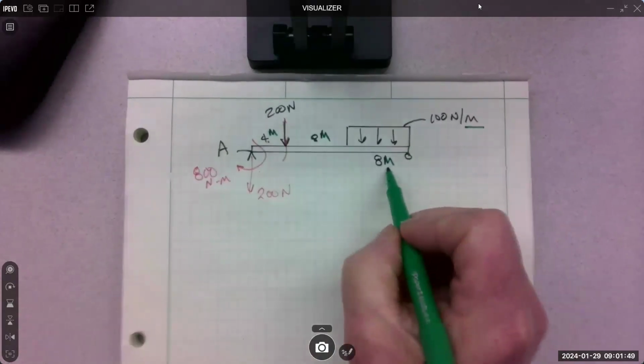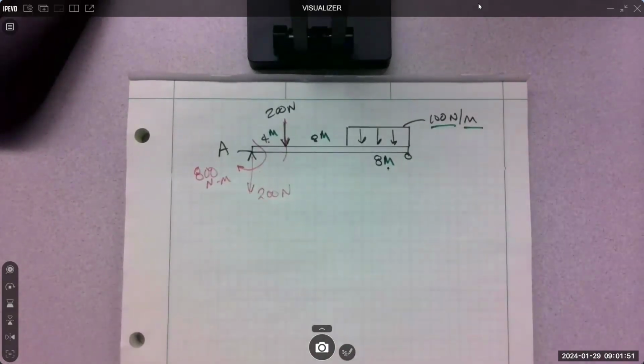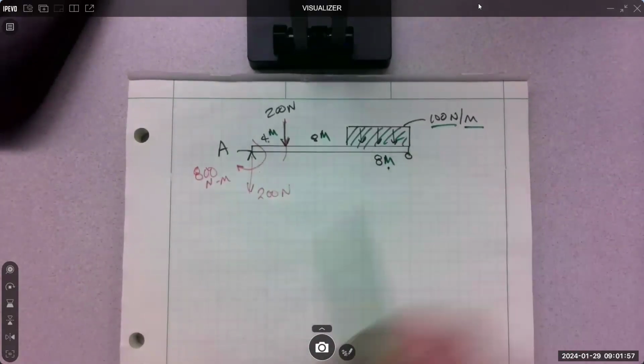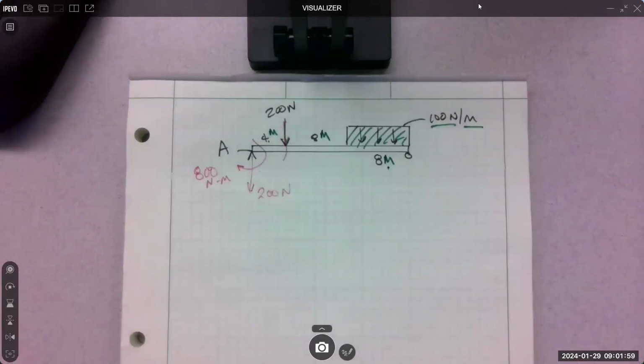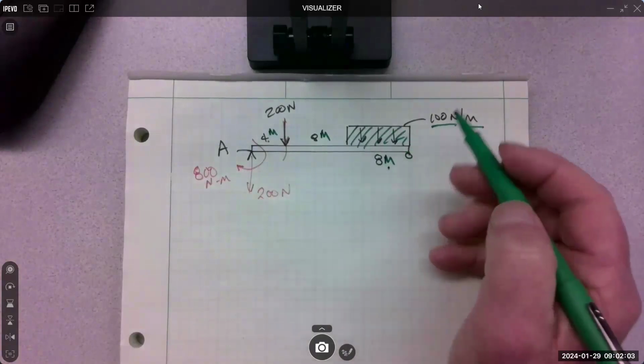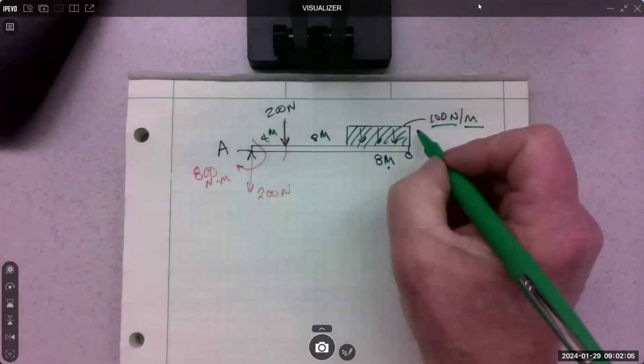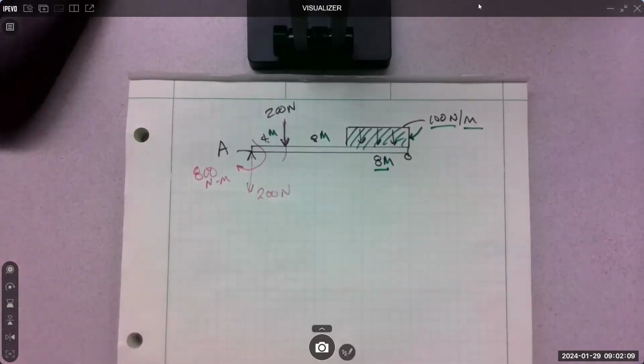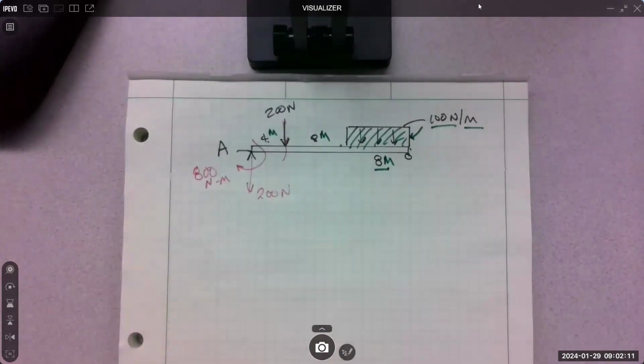For every meter, we have 100 newtons. Okay. So the way to get the concentration of a distribution is to calculate the area. The area of a rectangle, since the 100 newtons refers to the height, the 8 meters refers to the length.